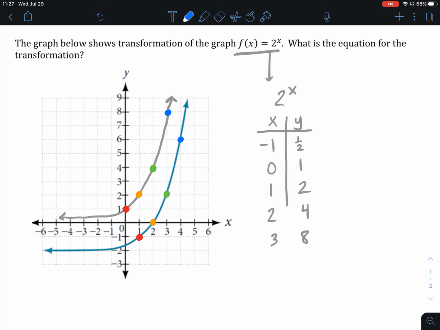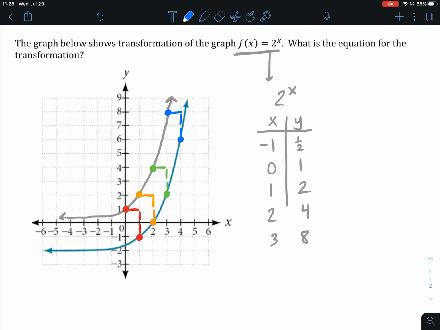So I guess what I'm saying is I approach this problem kind of point by point to make it feel more understandable. So from the red point, do you all agree I went right by 1 and then down by 2? And then notice from the orange point, same thing, right by 1, down by 2. For the green point, right by 1, down by 2. For the blue point, right by 1, down by 2.